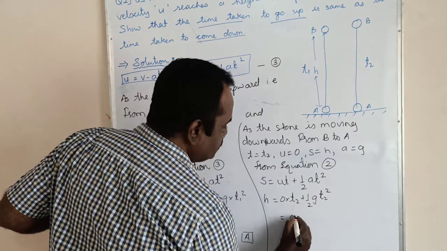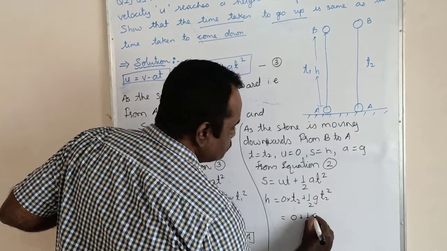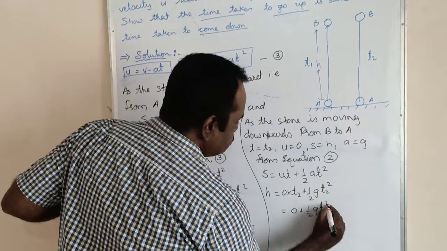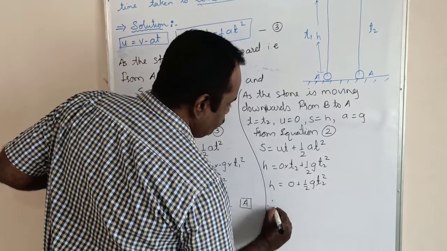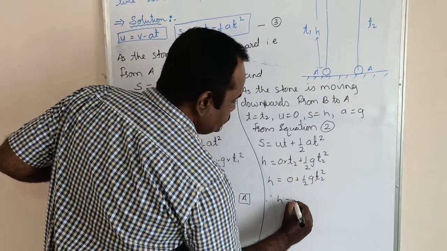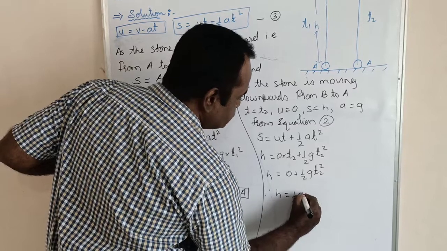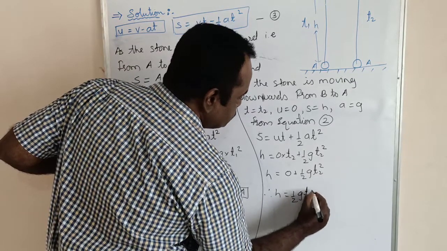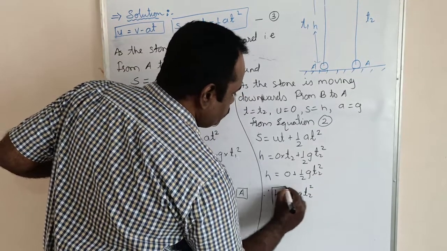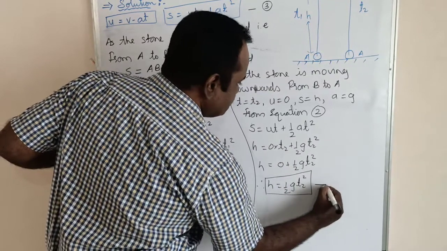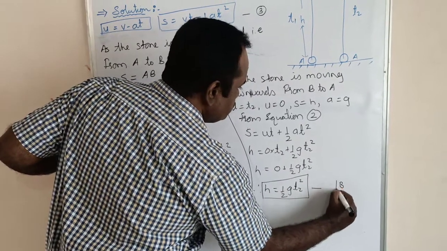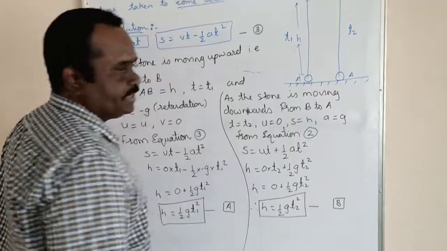Any number multiplied by 0 is 0. So therefore h is equal to half g T2 square. Let us take this equation as B, right?